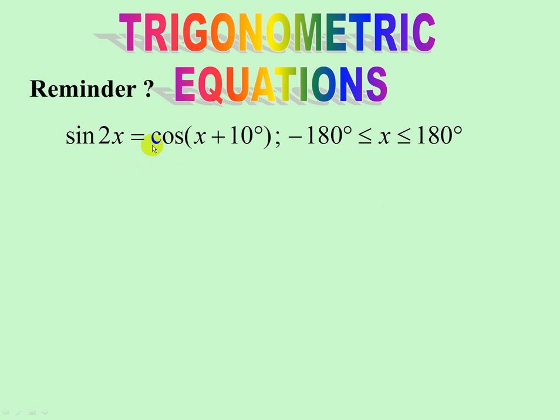Either we can make this sine, 90 minus (x plus 10), or we can make this cos, 90 minus 2x. I'm going to go for the sine. Therefore, instead of cos(x plus 10), sine of 90 minus that angle. Now, we can simplify that to there, and that means that angle equals that angle.